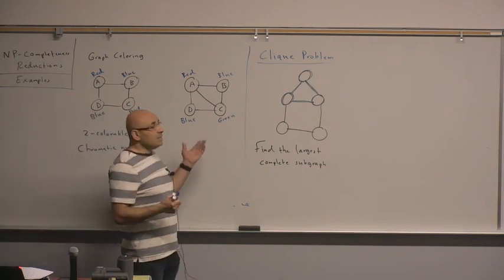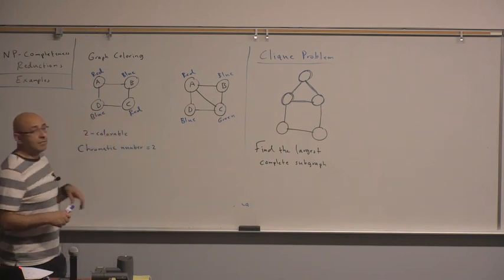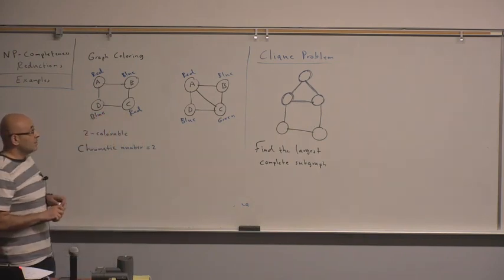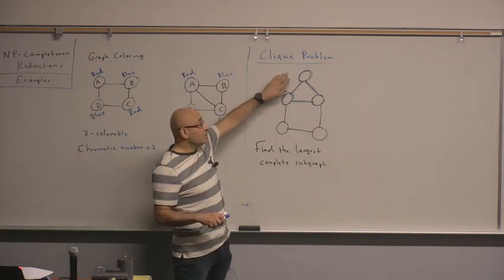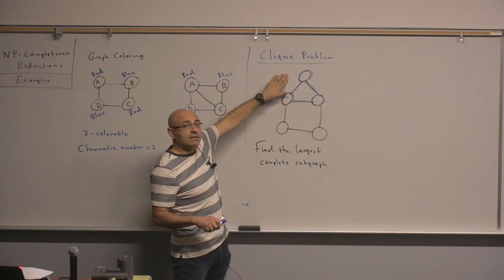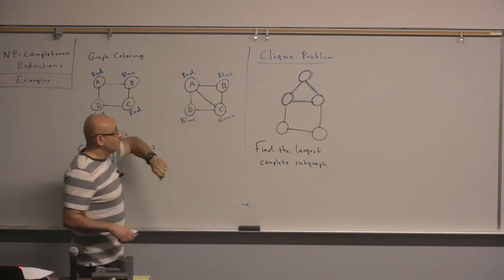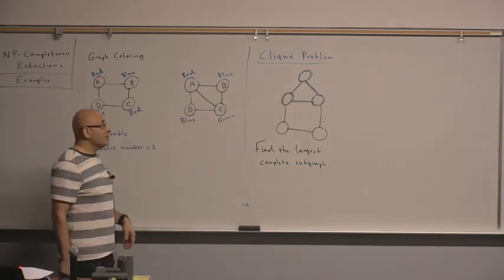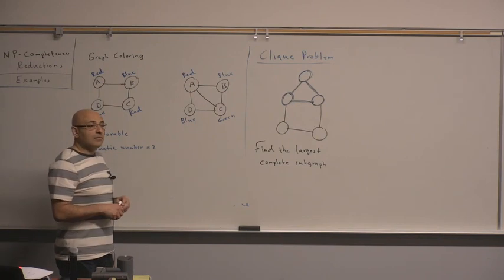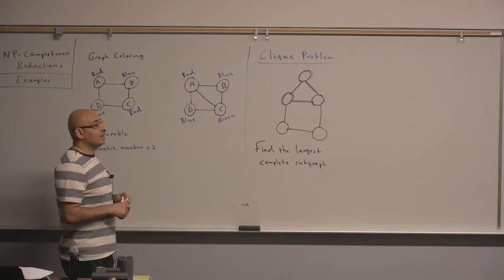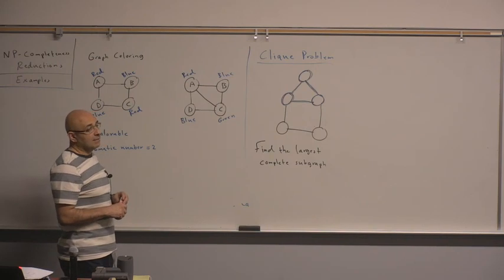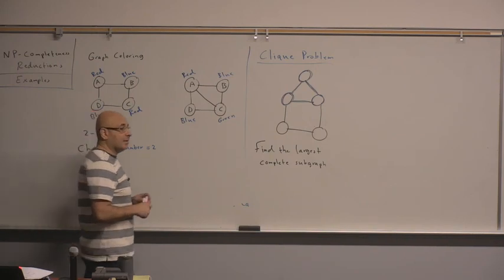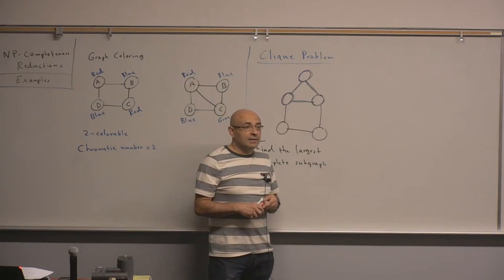Okay, now there is a relation between clique and graph coloring. So if a graph has a clique of size 3. So this graph has a clique of size 3, right? Which is the triangle. What does this mean? We need more colors. We need how many colors? Well, if we have a clique of size 3, then we know that the number of colors that are needed is at least 3.